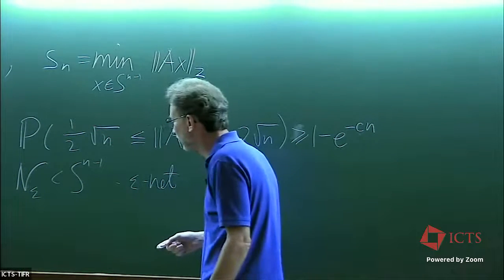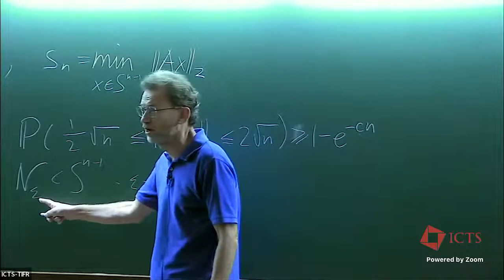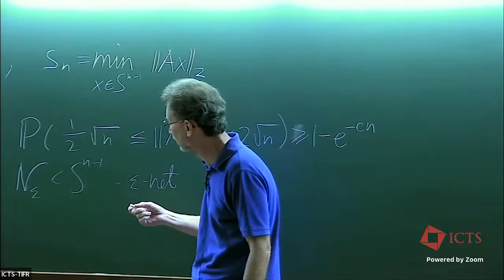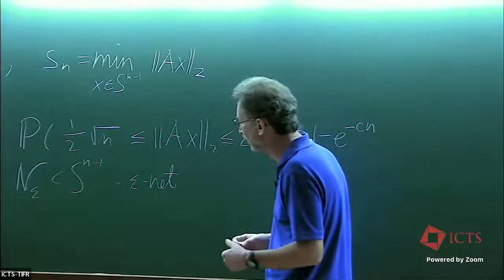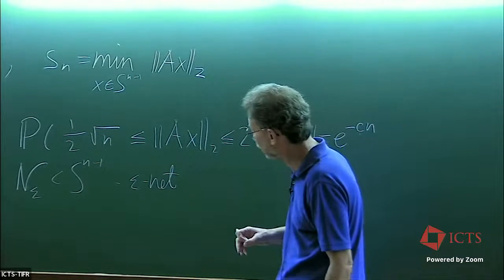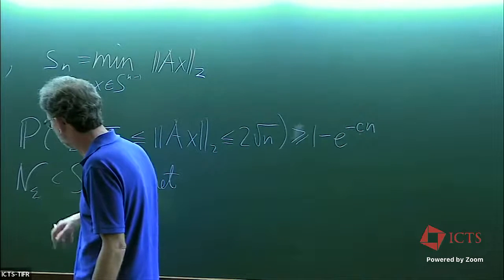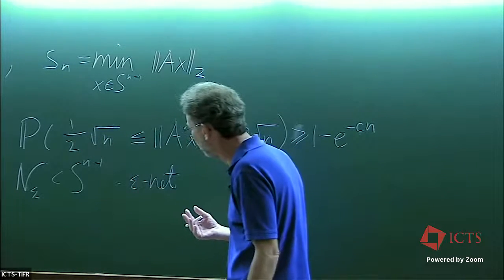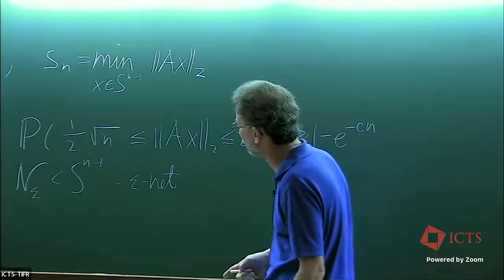An epsilon net is the set of vectors which approximate any vector in the sphere up to epsilon. And then if we are able to prove the uniform bound on the epsilon net, this bound will propagate to the whole sphere.